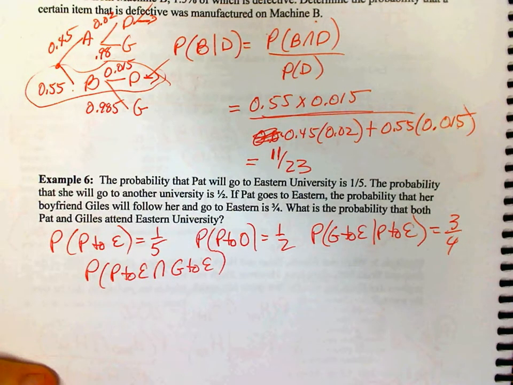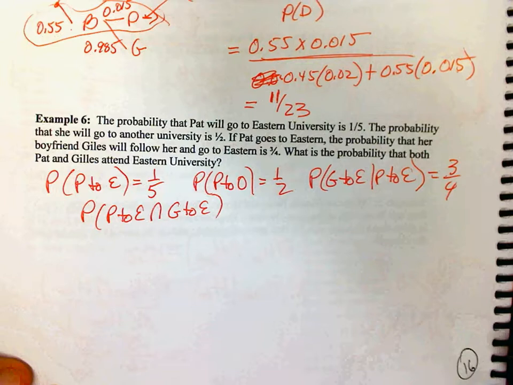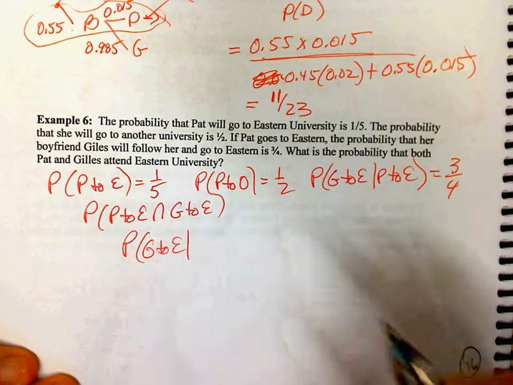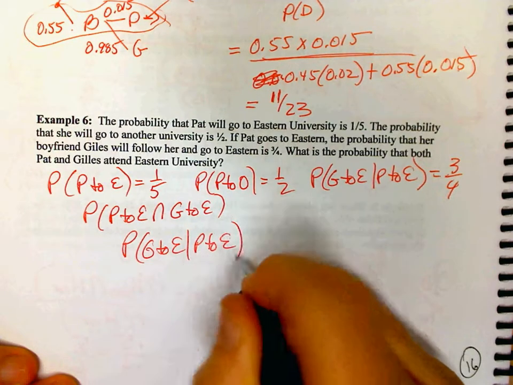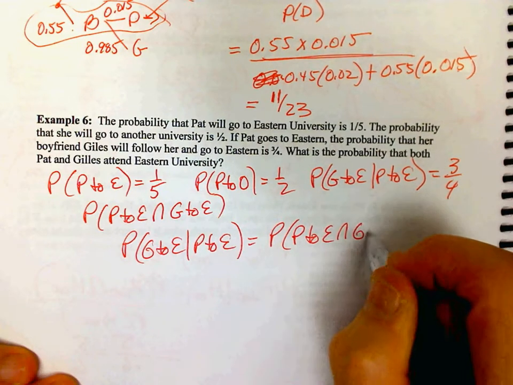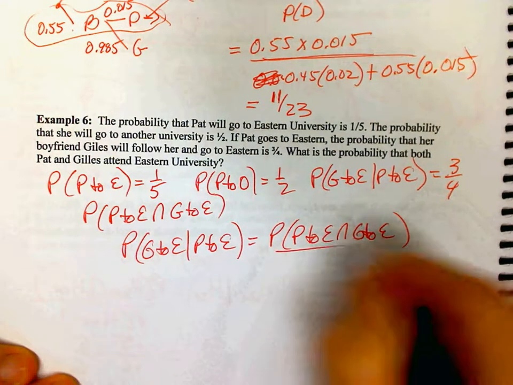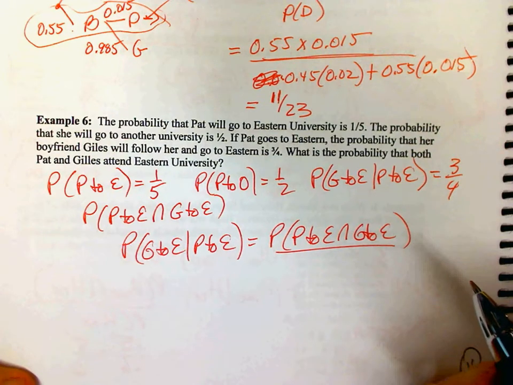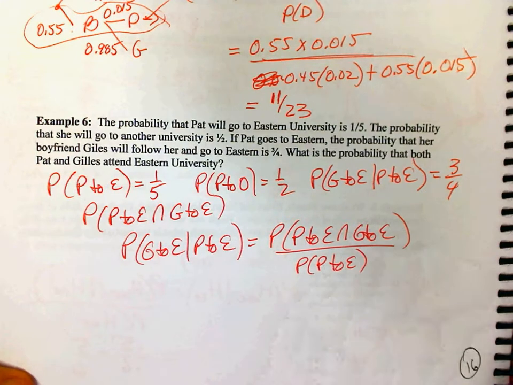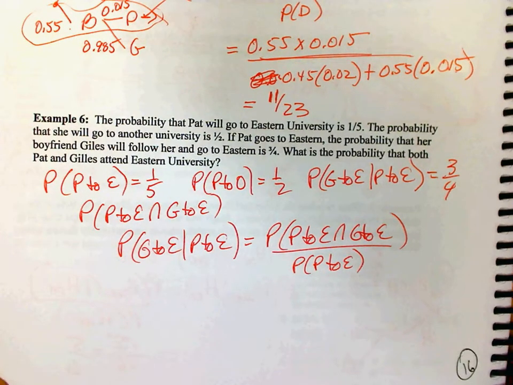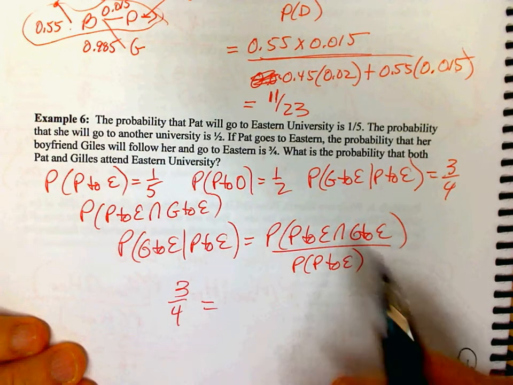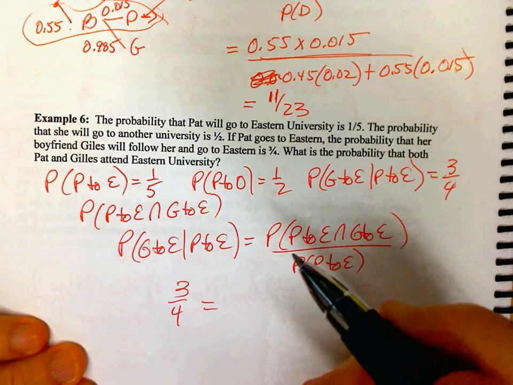So we plug it in the formula. Probability Giles to Eastern given Pat to Eastern equals probability Pat to Eastern intersection Giles to Eastern all over probability of Pat to Eastern. So this is 3/4 equals the intersection. That's what we're calculating.